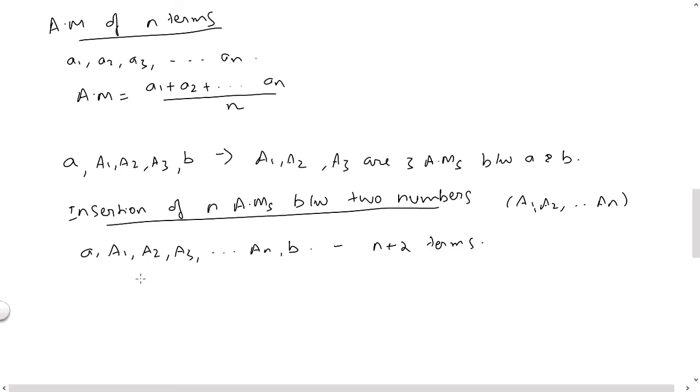Now how do we determine these n arithmetic means? That's simple, because we know that these terms are in AP, we can determine the common difference. This is an AP with n plus 2 terms, so B is the n plus 2th term.